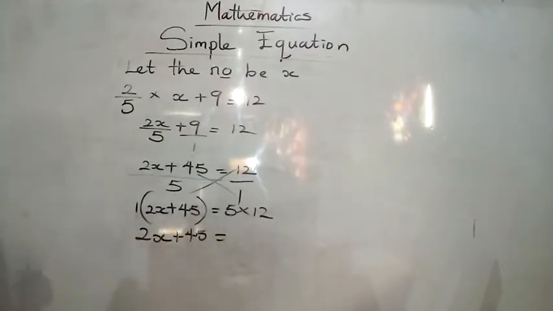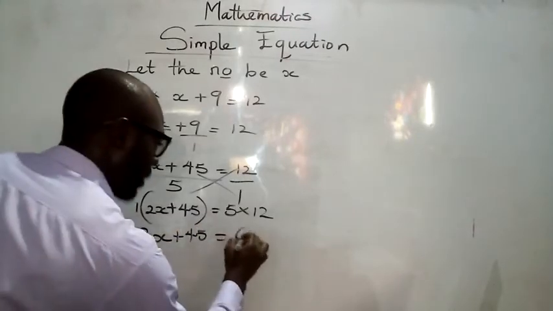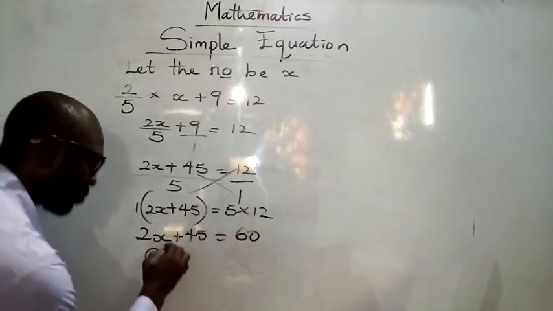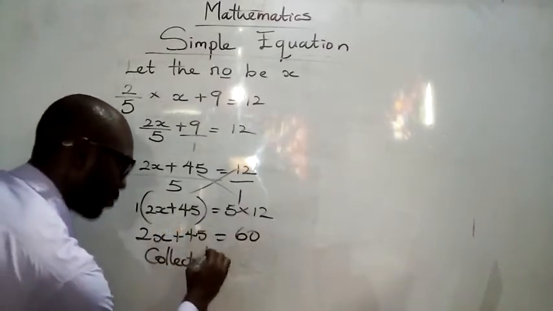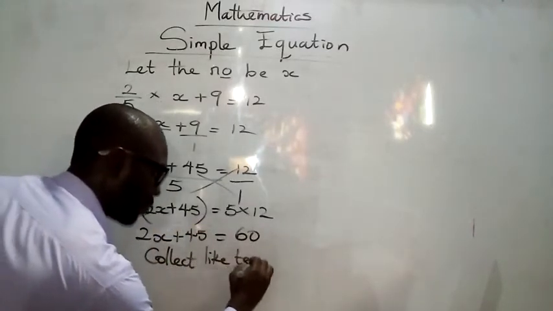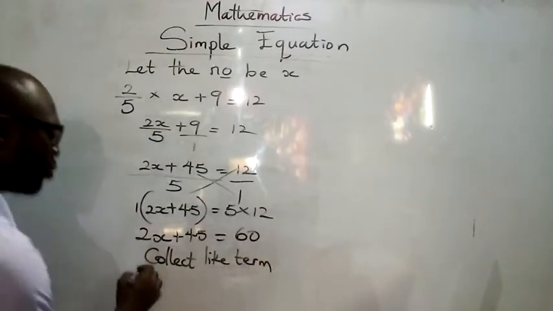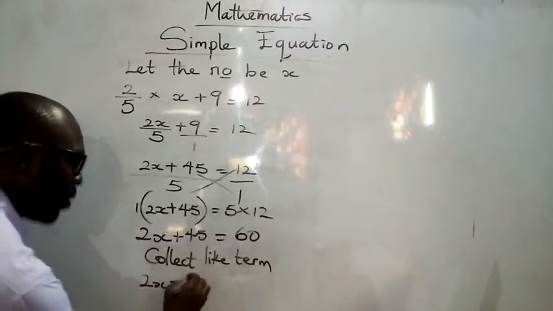Equal to 5 multiplied by 12, which is 60. So we collect like terms.